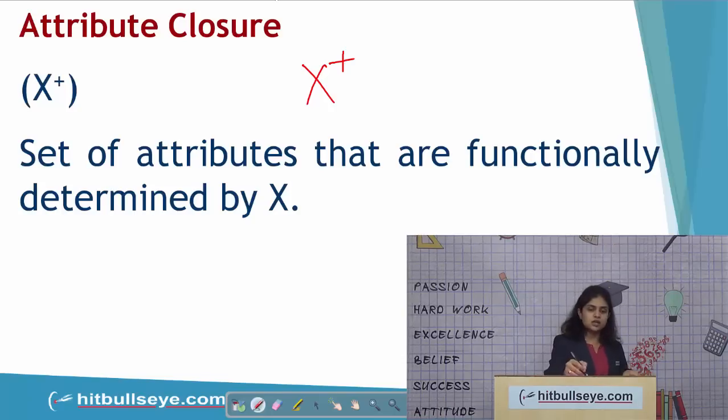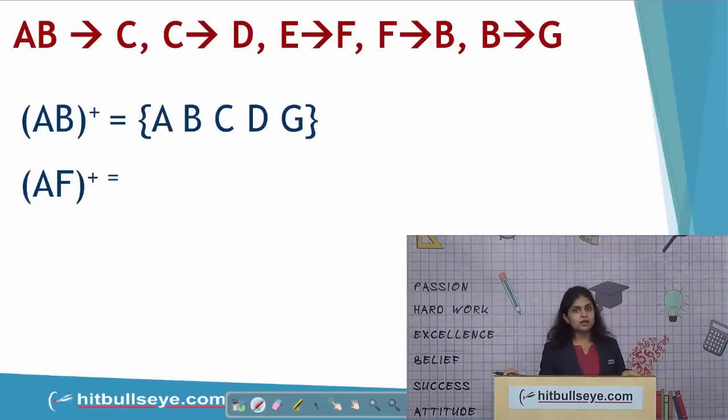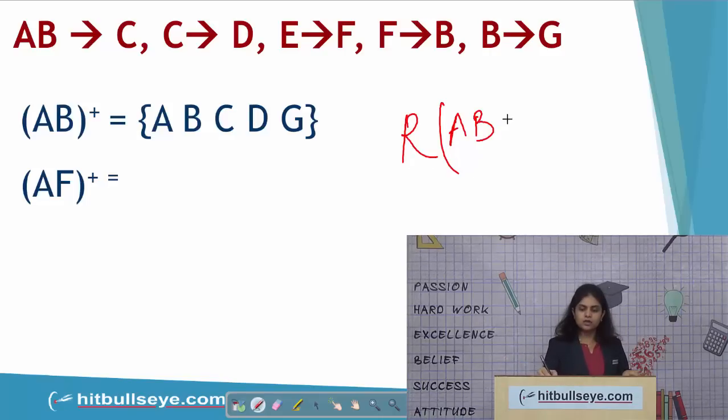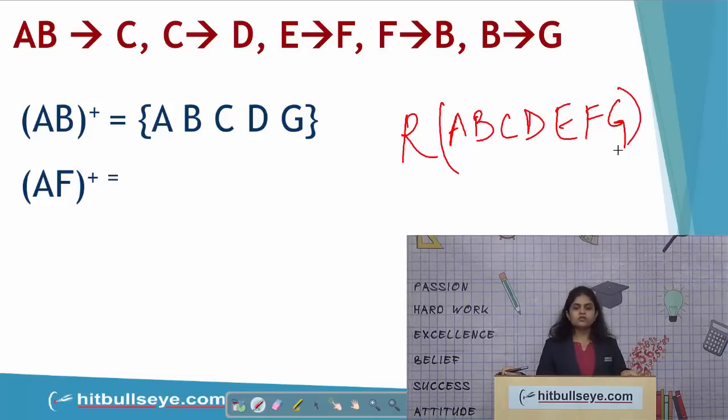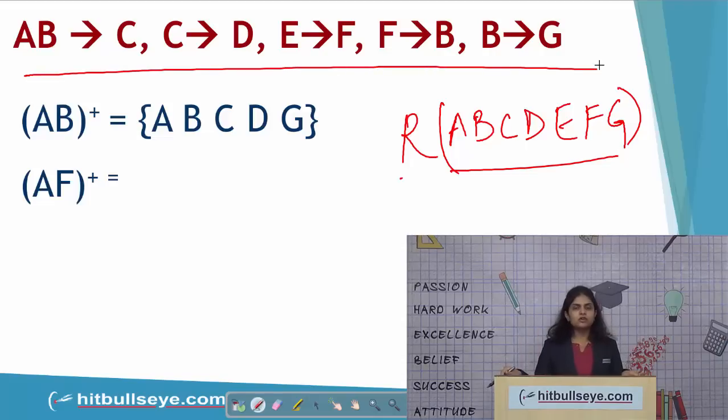Let's try to understand. Suppose I have a set of functional dependencies for a particular relation. I have a relation where I have certain attributes A, B, C, D, E, F, G. For example, I have a relation with these many attributes, and this is a given set of functional dependencies over the relation.